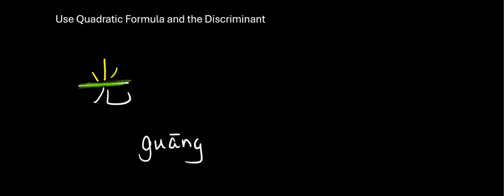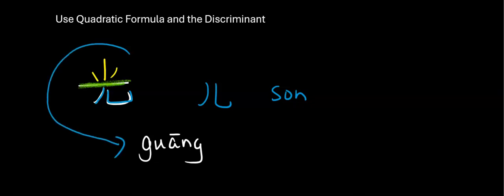Under the horizon, these two strokes mean sun. Which sun? The Son of our Holy Father, who was born as a human and lived with us. So when we put all three parts together, this whole word means light.